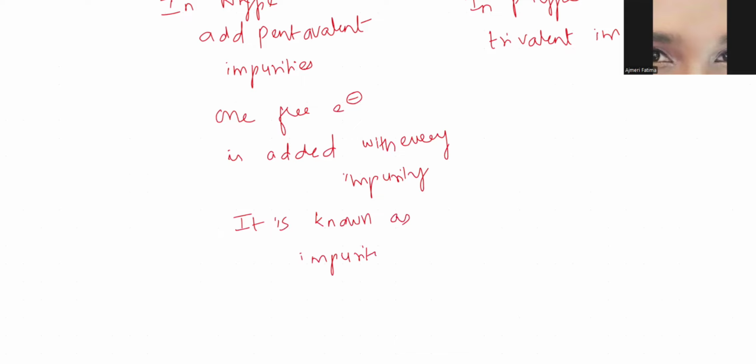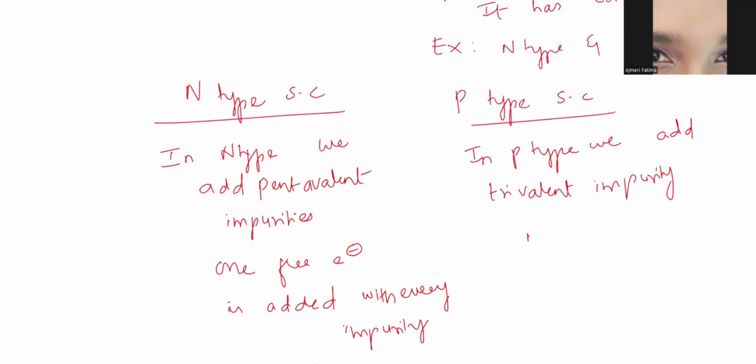In N-type, majority charge carriers are electrons. In P-type, majority charge carriers are holes. Now, this is very important.